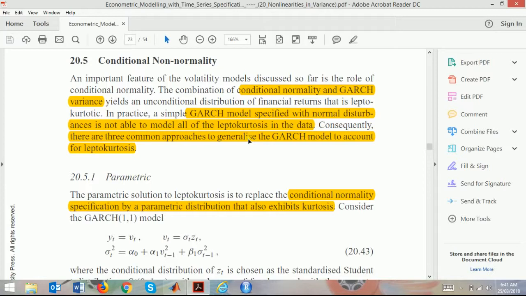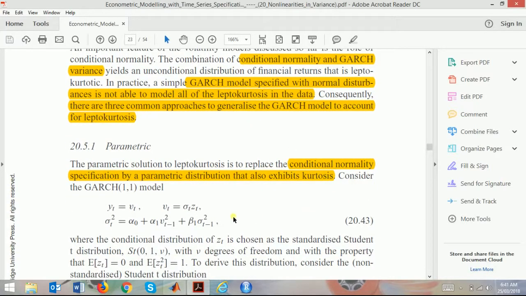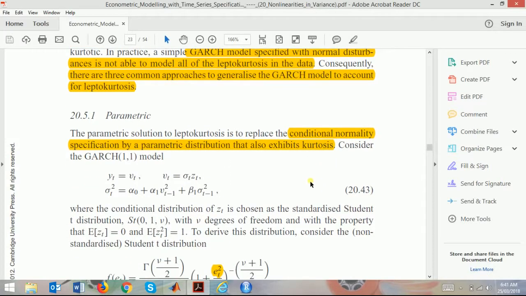and there are common approaches, starting with the parametric approach, which is replacing the conditional normality specification with a T distribution or another parametric distribution that exhibits kurtosis.